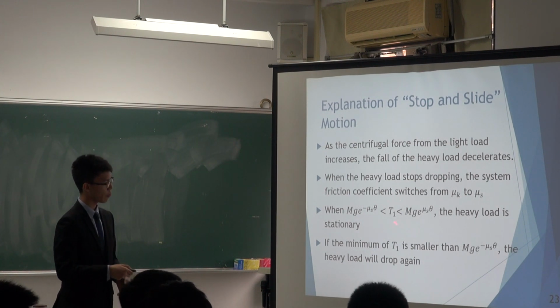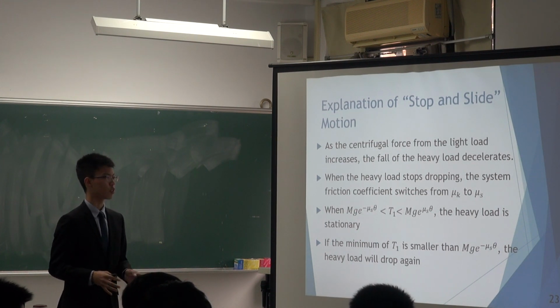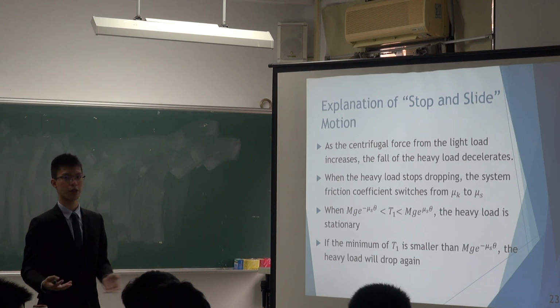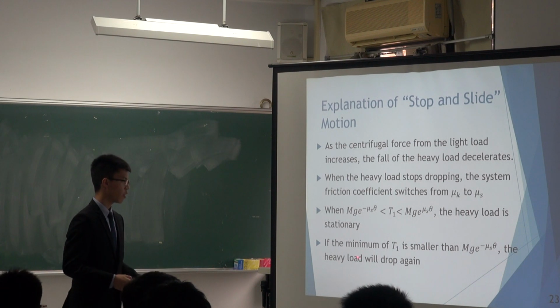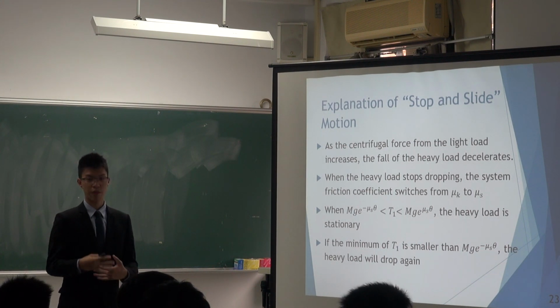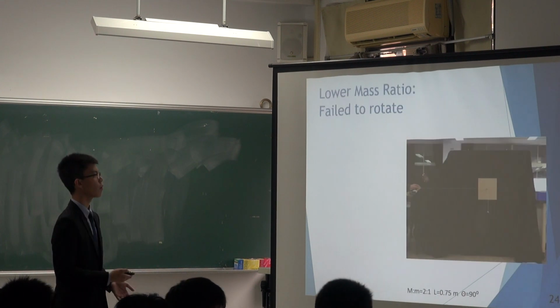When the tension is within a certain range, we know the heavy load is stationary, according to the Capstan equation we derived before. And if the minimum of T1 is smaller than this, the heavy load will drop again, which is why we call this stop and slide.